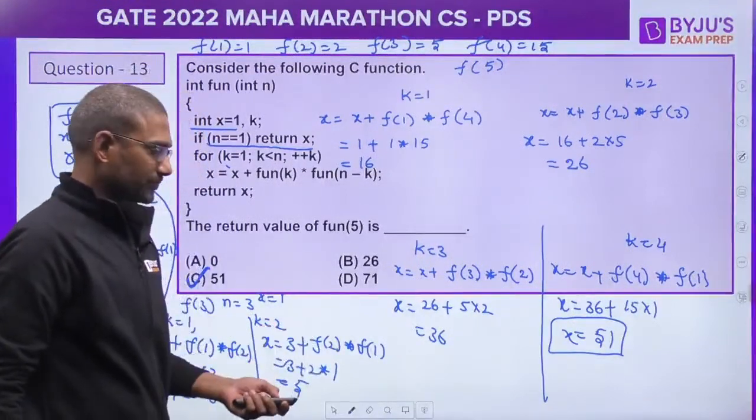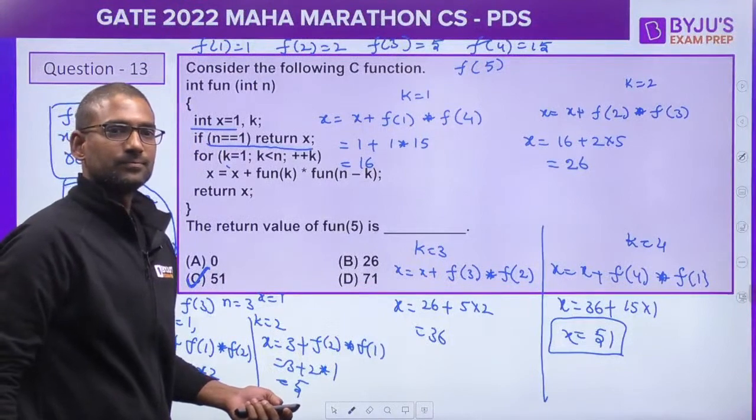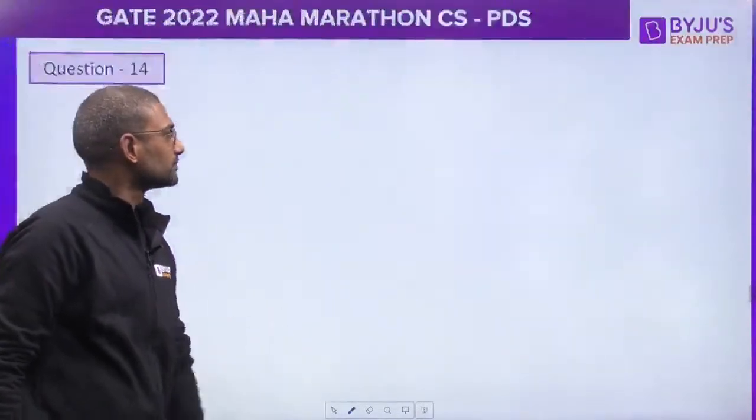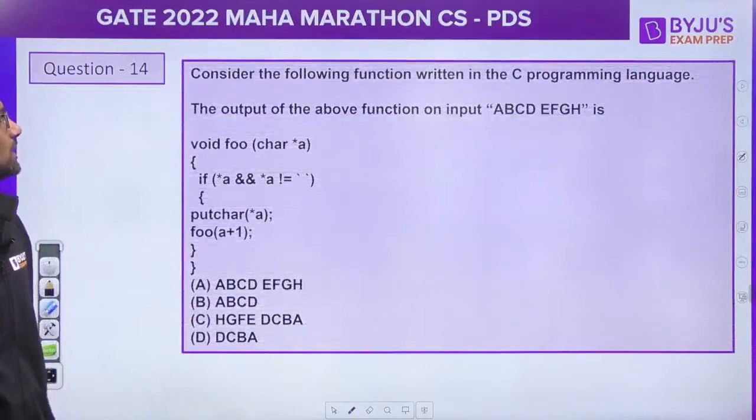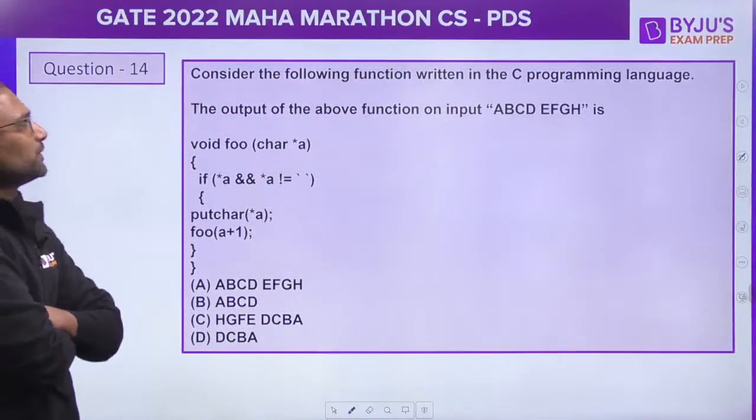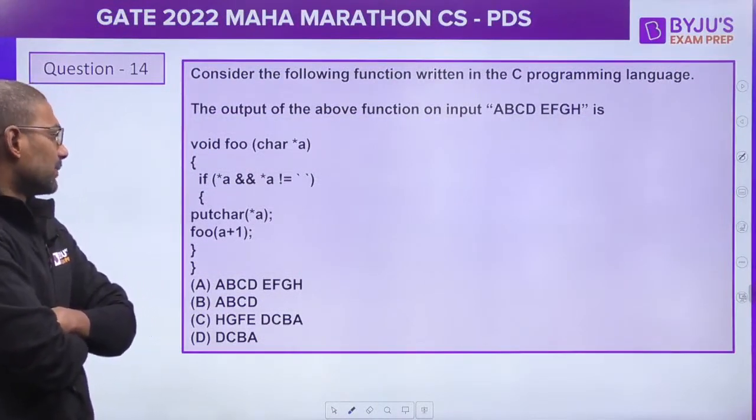Next, consider the following function written in the C programming language.